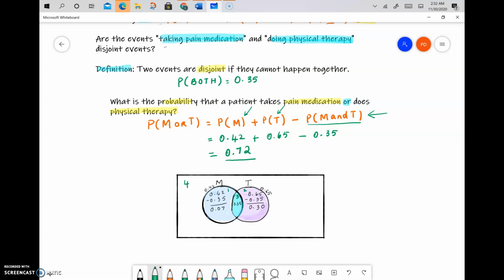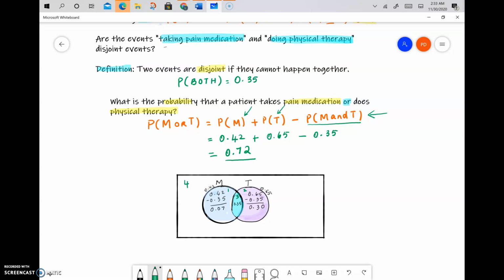So the first region is the blue region, and notice that it excludes the overlap. What that means is this represents the probability of patients taking medication only and not physical therapy.